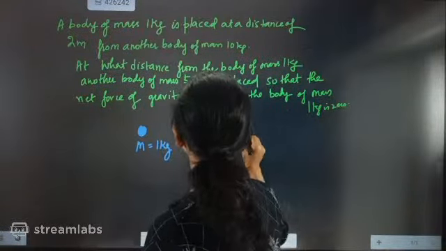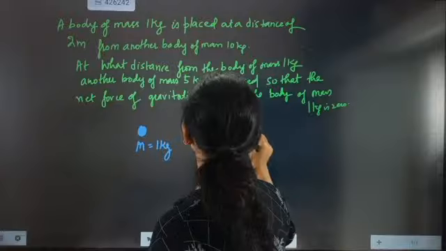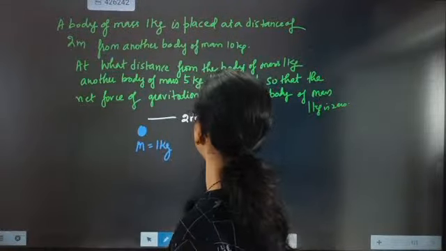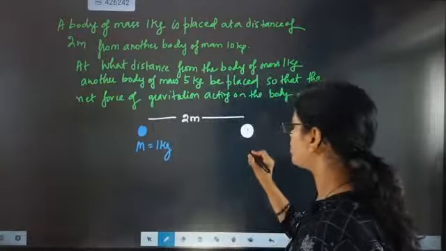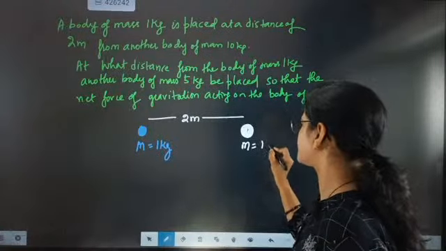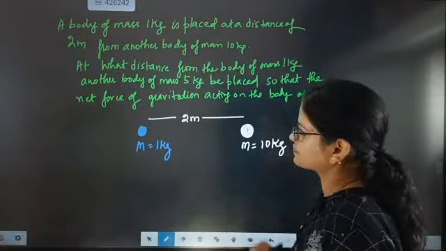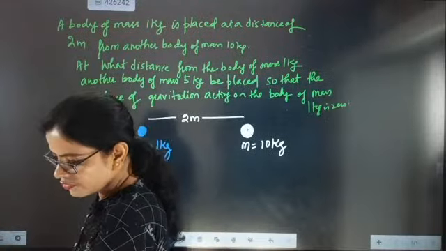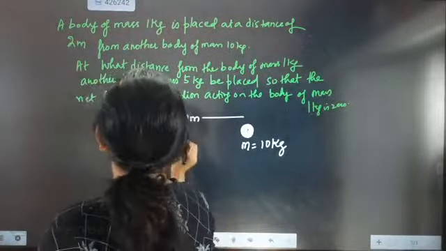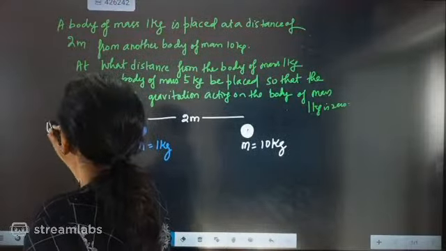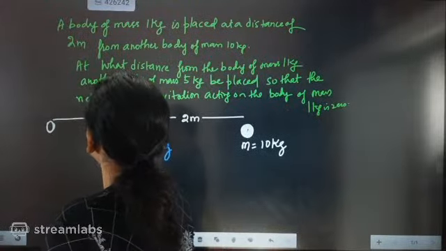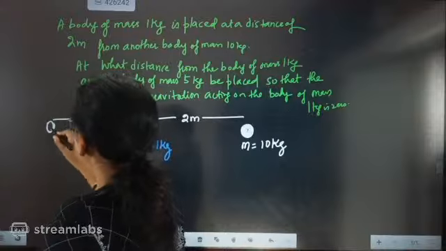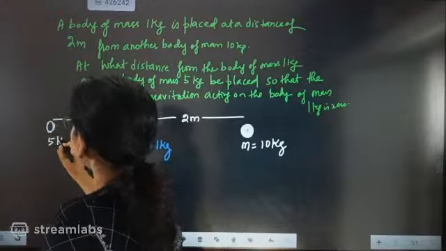It is kept at a distance of 2 meters from a body whose mass is 10 kg. Now we have to find the distance. If that body is kept, we don't know the distance, so shall we take it as x meter? And this is 5 kg.